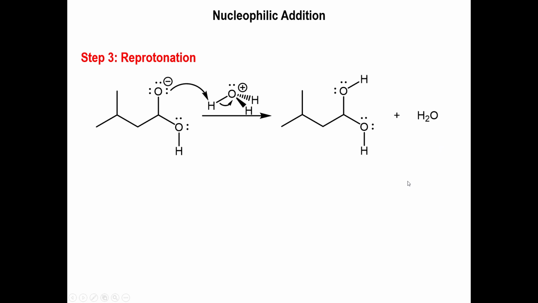But notice what's happened right here. In this event, you have created a molecule that used to have a carbon-oxygen double bond, and you've traded that for two carbon-oxygen single bonds. In essence, you still have the same quantity of carbon-oxygen connections or binding modes, but the actual type of bond is what's changed. You traded a double bond for two single bonds, but they still happen to be carbon-oxygen connections.